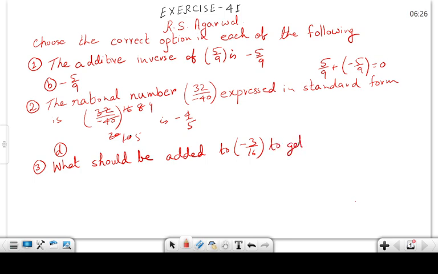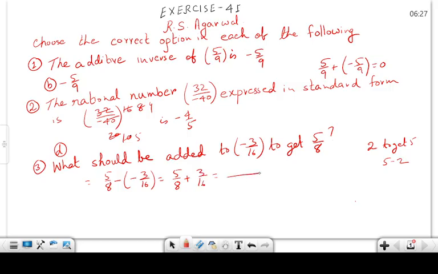How to do it: if we make the question this way, what should be added to 2 to get 5? You have to subtract 2 from 5, 5 minus 2. In the same way, you have to write 5 by 8 minus minus 3 by 16. Therefore, we are getting 5 by 8 minus of minus 3 by 16, and minus into minus is plus, that is 5 by 8 plus 3 by 16.